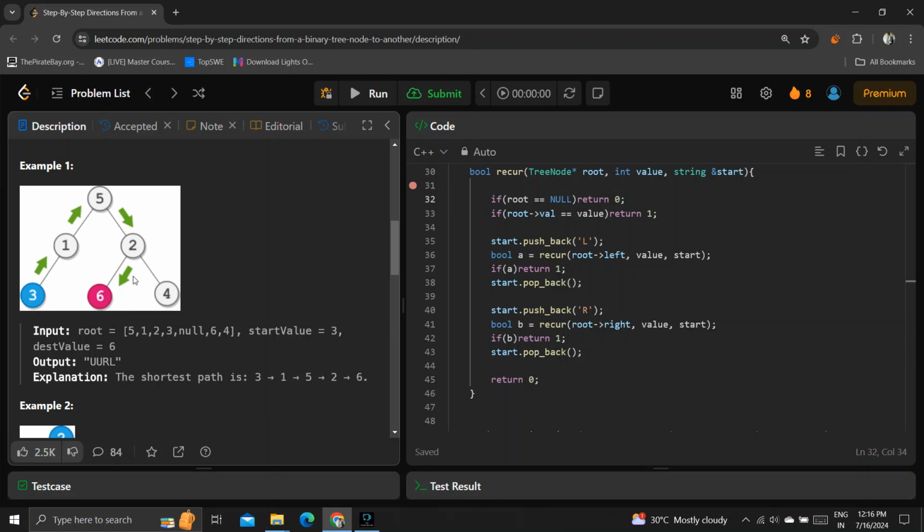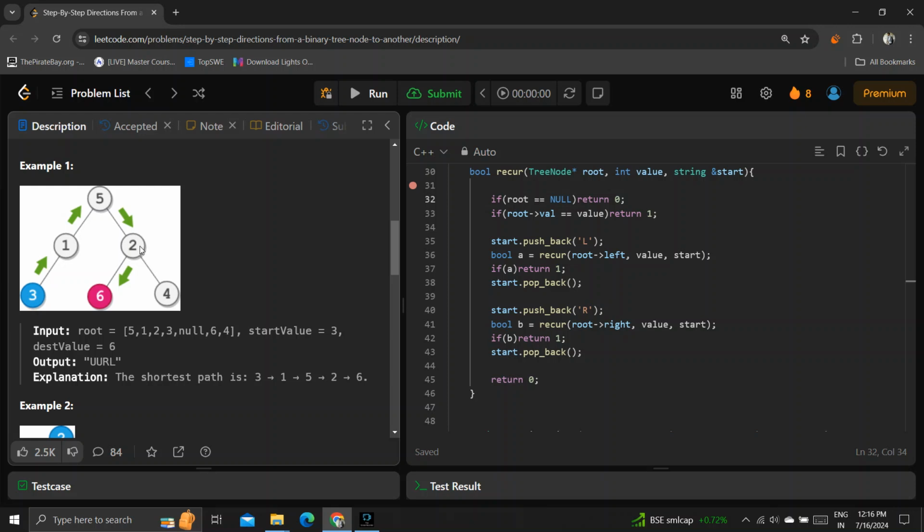Now, coming to the problem, how will we come to know that we are moving upwards from 6 to 2? For this, we will further divide the problem into two parts. First, from the root, because see, the LCA will definitely be the intermediate point of the starting and destination values.